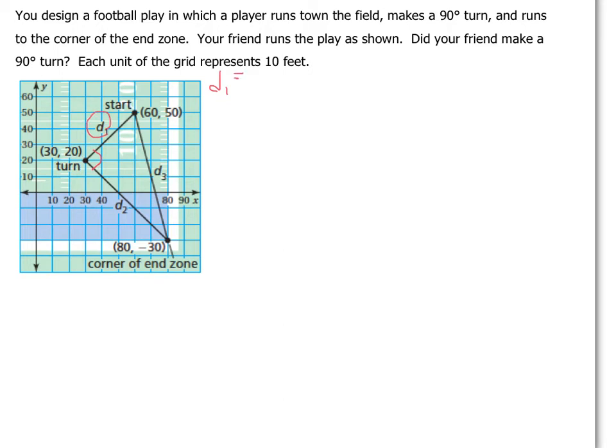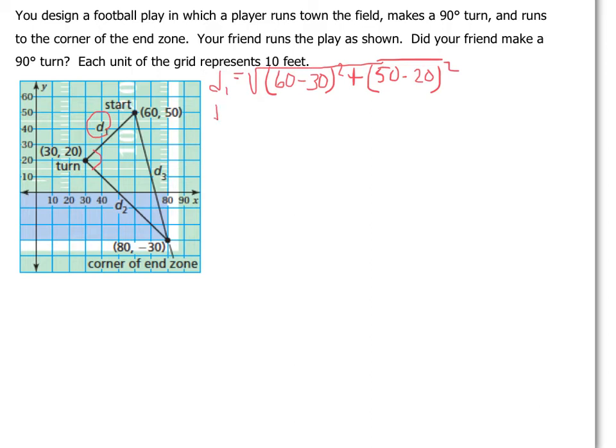I'm going to plug in what we have. I'm going to do 60 minus 30, square that number, and then I'm going to add 50 minus 20 and square that number.